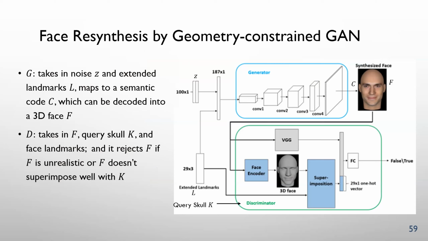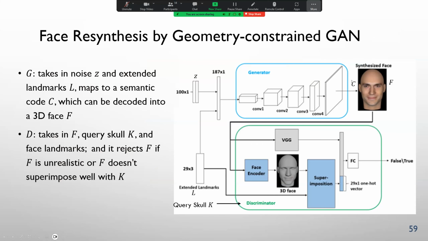To do this, we built a geometry constraint generative adversarial network, GCGAN. The generator G takes in a Gaussian noise Z and a landmark vector, extended from the skull, and then maps them to the semantic code C. This C can be decoded into a 3D face.